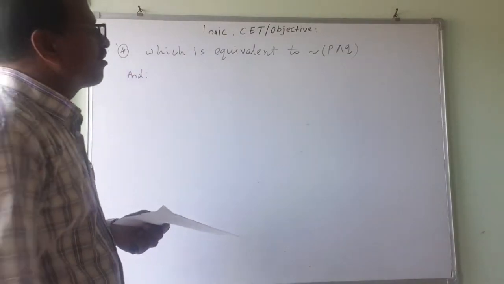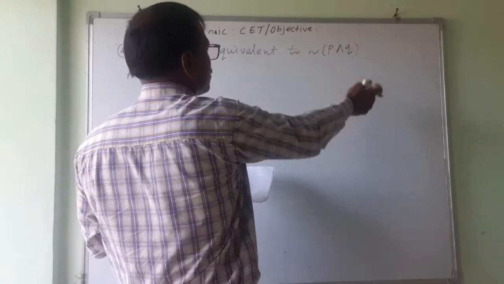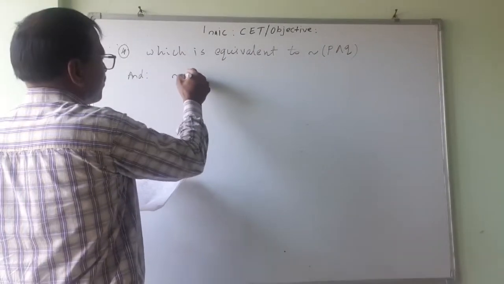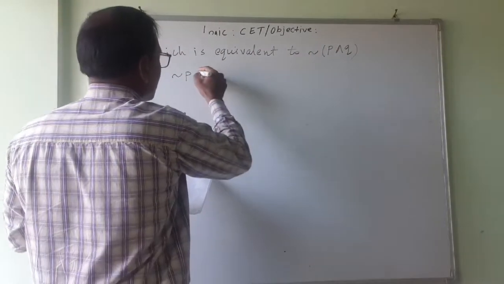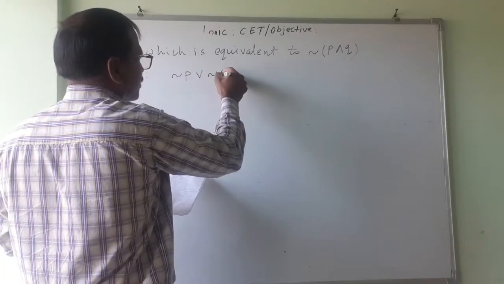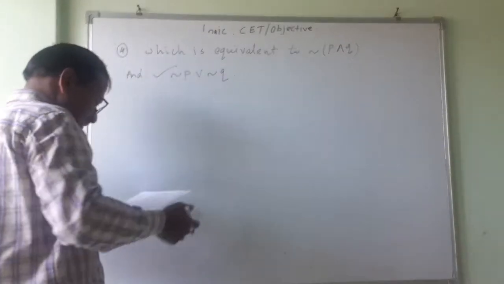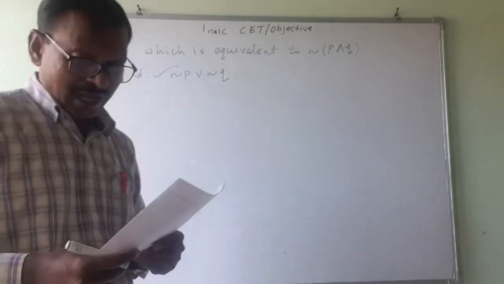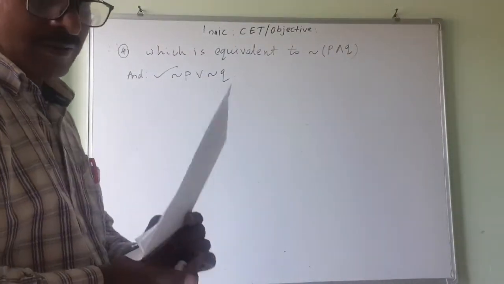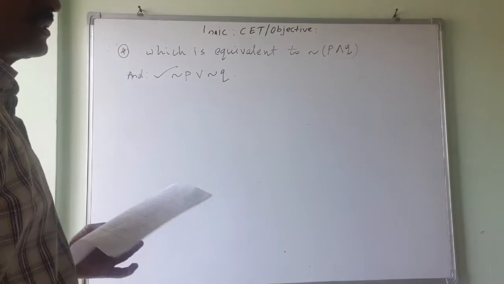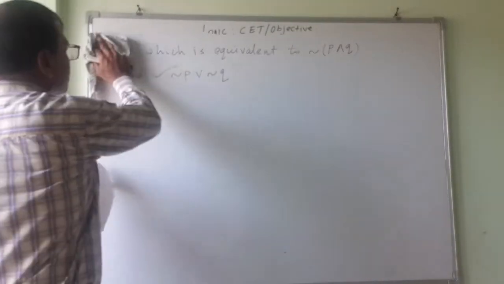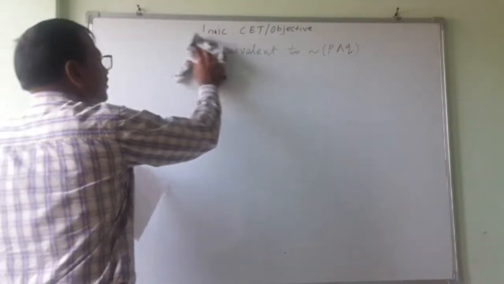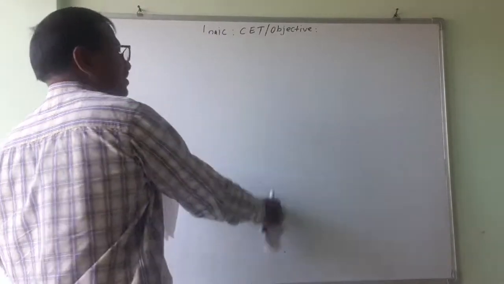By De Morgan's law, what is it? If I distribute this, it will become negation P and this and will become R and negation Q. This is equivalent. This option is given. That was the B option. I am not going to write the options. This is not a very important question, but preparation means the basic things first of all.